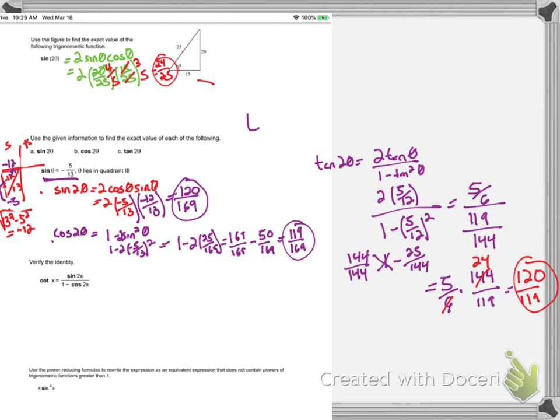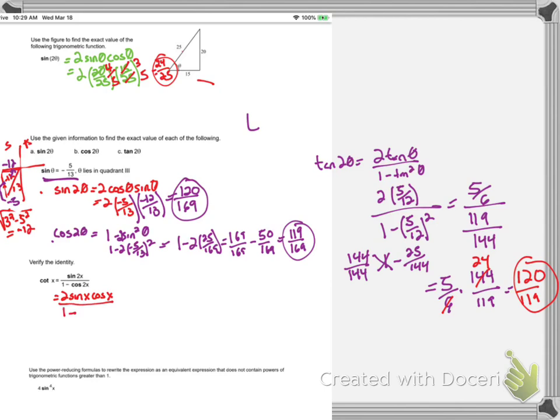Okay, and then the last one on this one is that cotangent equals 2. Nope, let's try it again. Cotangent equals sine of 2x over 1 minus cosine of 2x. We got to use those double angles again, so I can rewrite this as sine is 2 sine x cosine x all over 1 minus.